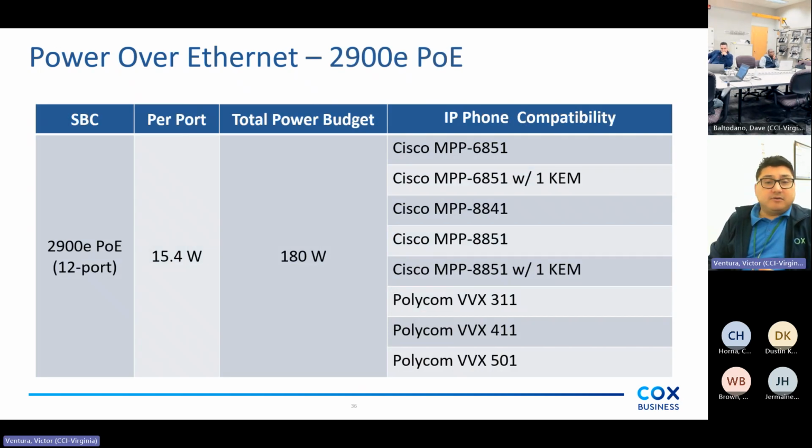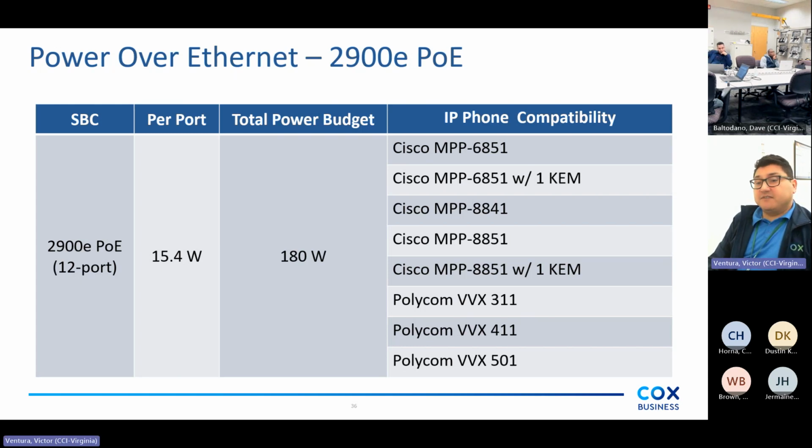Phones use very little power. Here's an example of a 2900 PoE Edgemarc, where each port can support 15 watts for a total budget of 180.